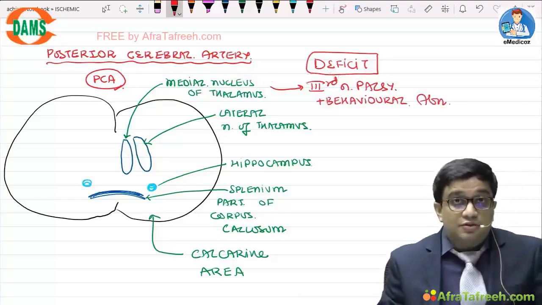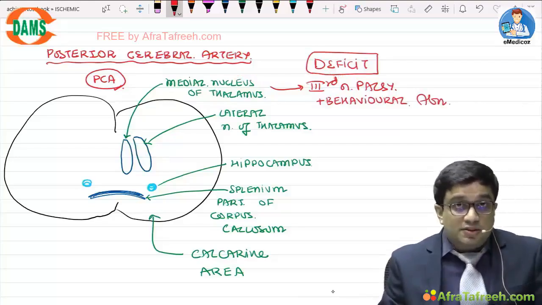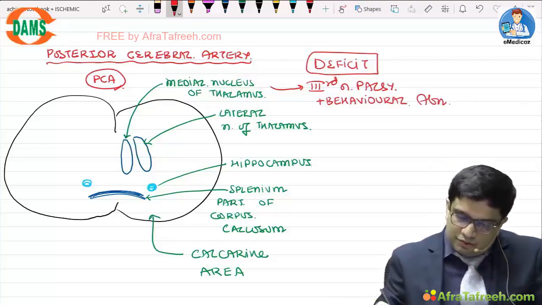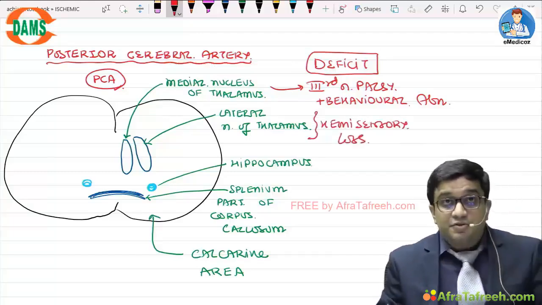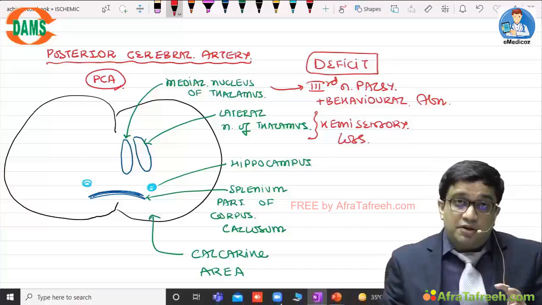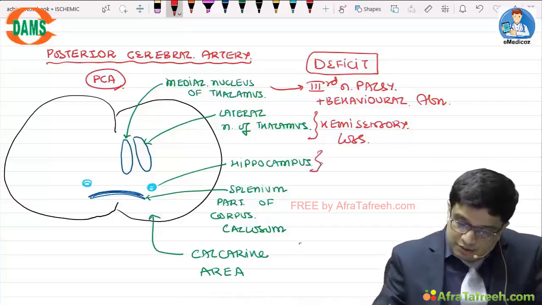Then the lateral nucleus of thalamus, that's the most important. That's the sensory gateway, so all the sensations pass through it. So what we get here is hemisensory loss. Hippocampus, if you remember, was the gateway of memory. All my working short term memory was converted into long term over here. So these patients are going to suffer memory loss this time.